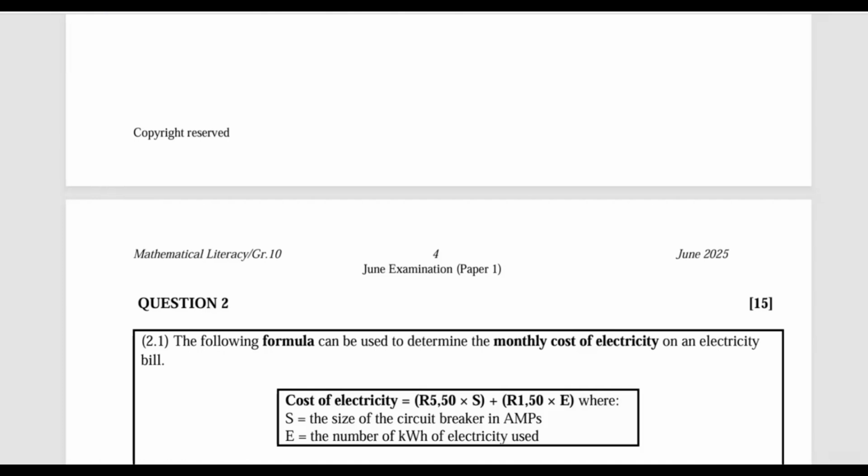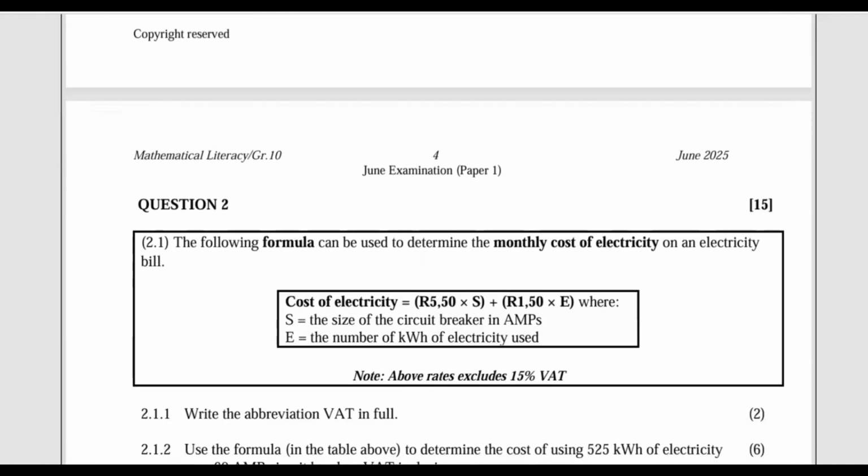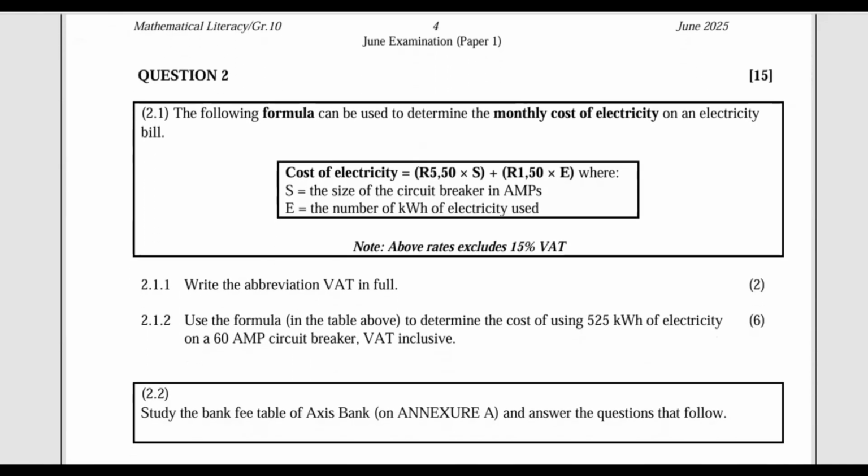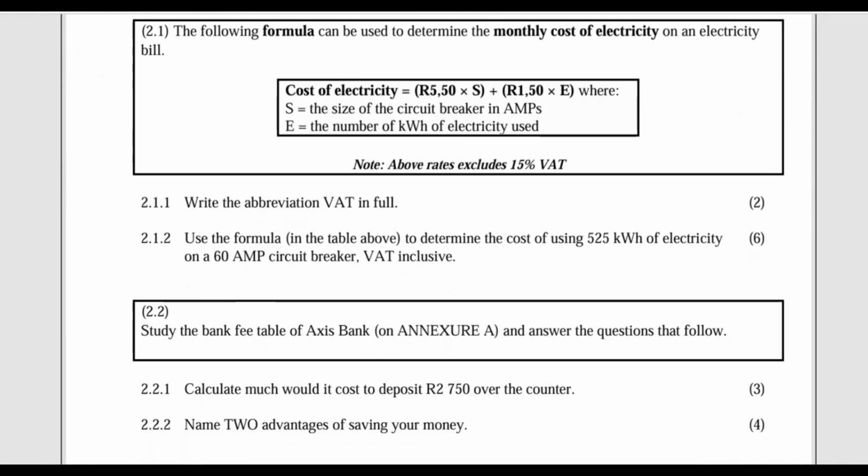With question number 2, we've been told that the formula can be used to determine the monthly cost of electricity on an electricity bill. The formula is 5,50 multiplied by S plus 1,5 multiplied by E, where S is the size of the circuit breaker and E is the number of units.